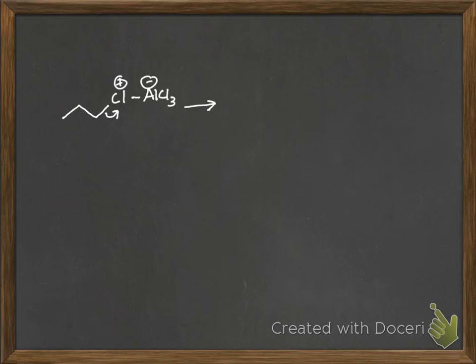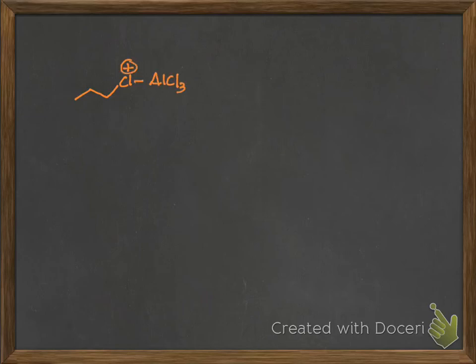Now, you know what? I'm going to write this in a different color so you all don't think that this is gospel. Give me just a second here. I think this might be a little bit easier to see. So in order for this to be considered a rearrangement, this would be what has to occur.